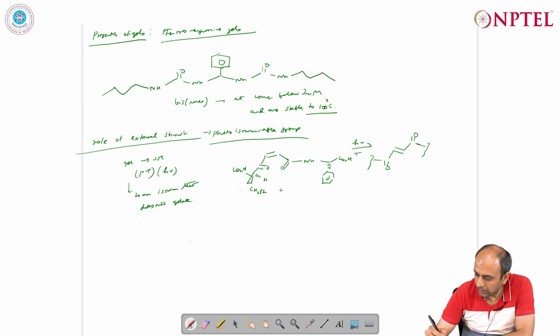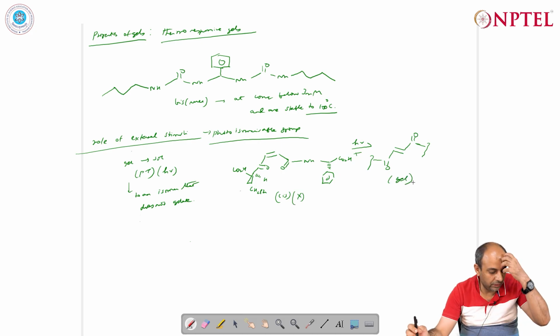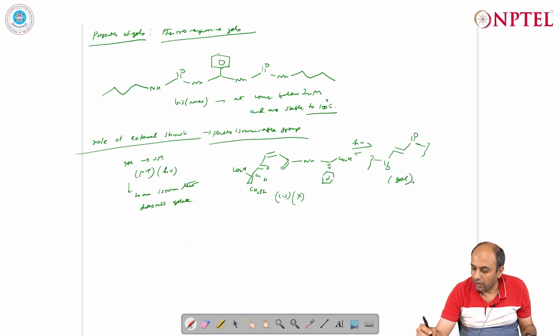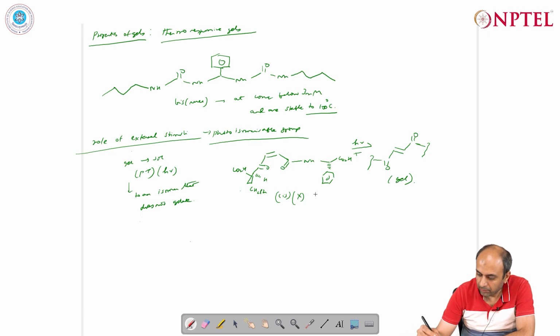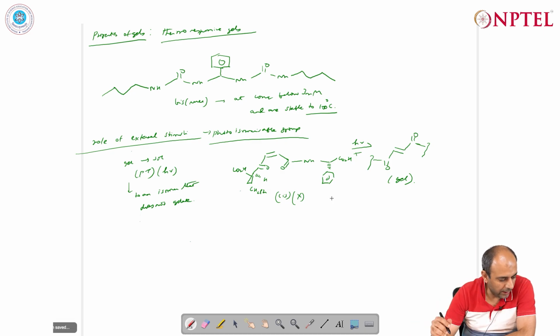So, the cis geometry does not form the gel, but the trans geometry forms the gel like state. So, this photochemical rearrangement takes place which leads to the formation of the trans geometry which has the gel state, but the cis geometry does not. So, we can go from the gel to the sol phase transition that is triggered by light, that can convert a gelator state to a non-gelator state and vice versa.